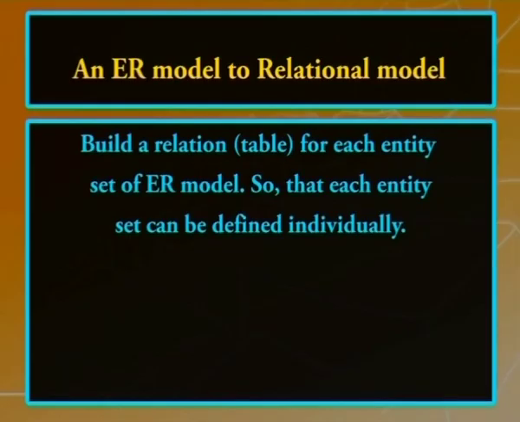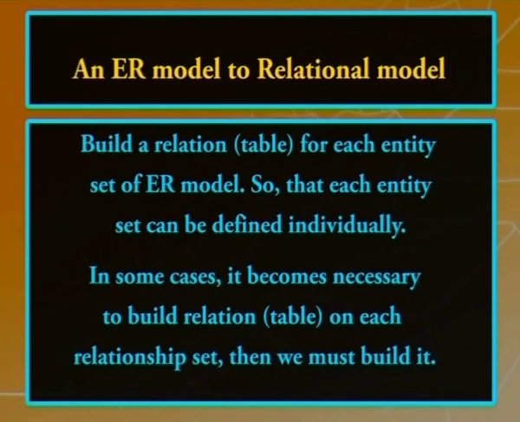The basic idea of mapping an ER model into relational model is to build a relation for each entity set of ER model, so that each entity set can be defined individually. In some cases, it becomes necessary to build a relation on each relationship set, then we must build it.